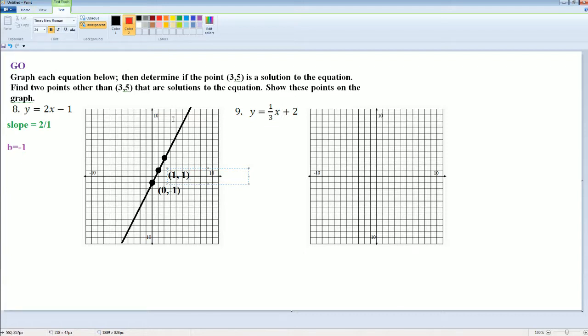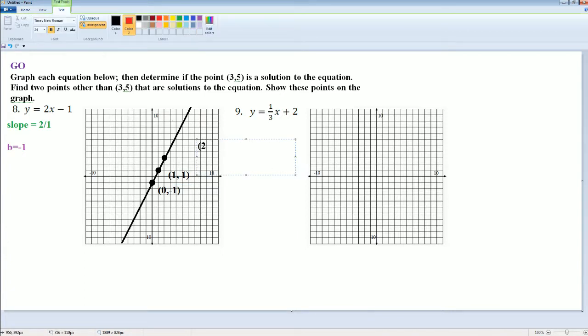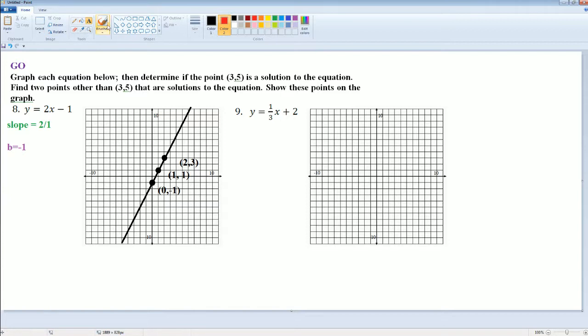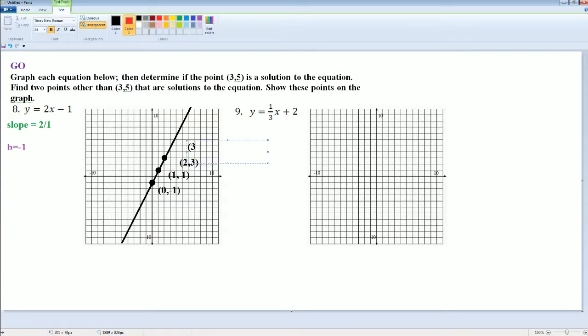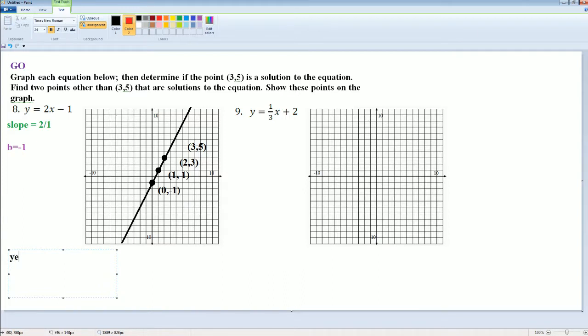The next one after that would be 2, 3. Then the next one, which we didn't make a dot for, would be 3, 5. Right? So you would say, yes, 3, 5 is a solution.